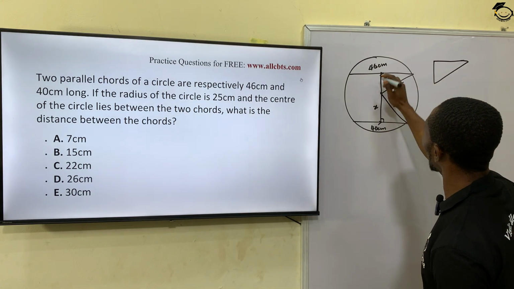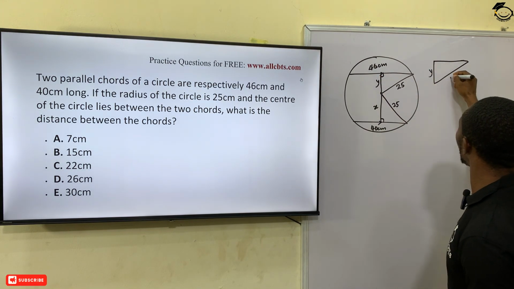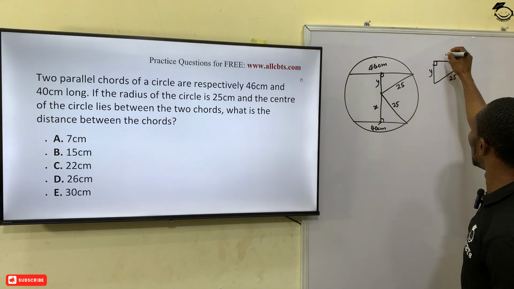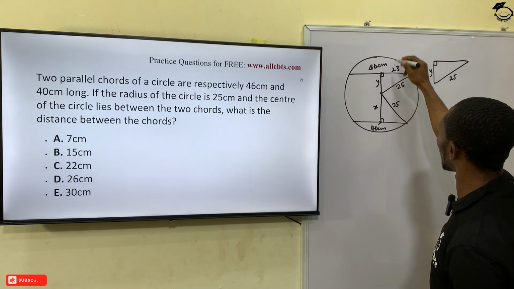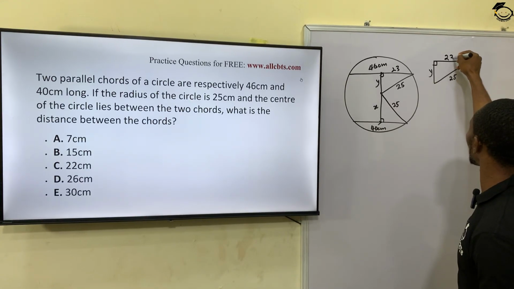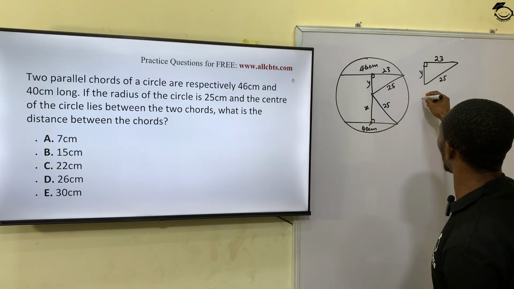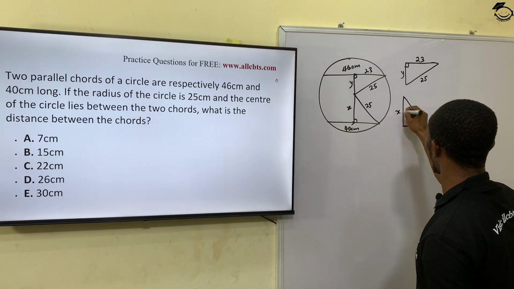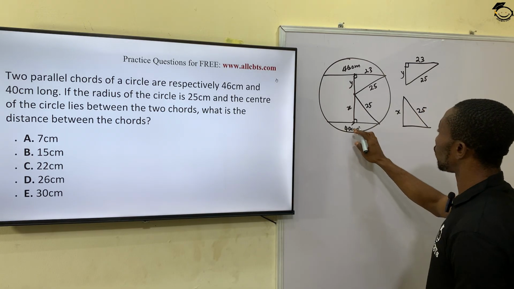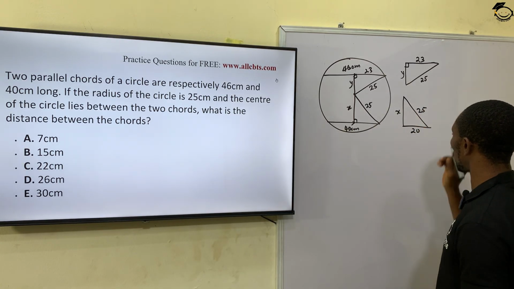Okay, let's call this y, 25, and 46 divided by 2 will give us 23. So this becomes 23. Okay, and for the second one, the lower one, we have this as x, 25. 40 divided by 2 will give us 20.